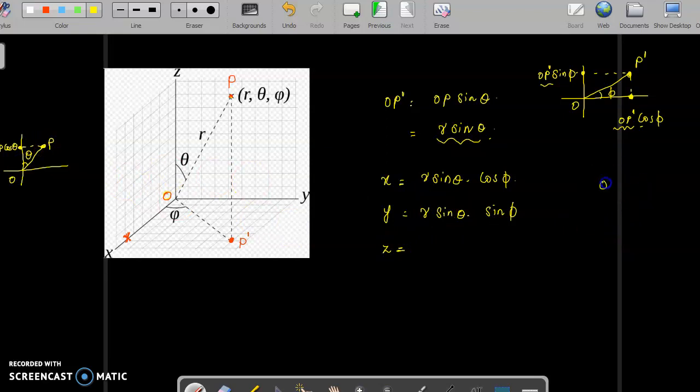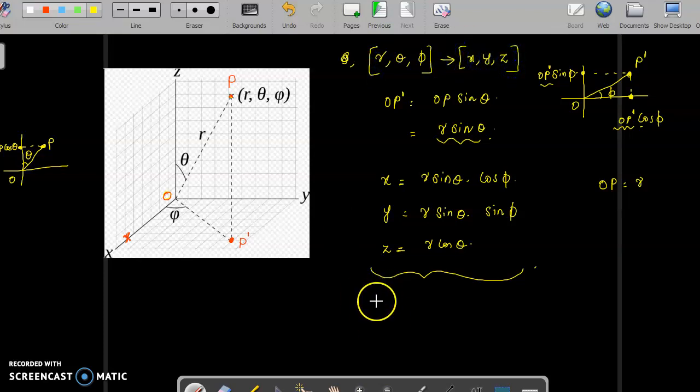OP is the radius, so z is r cos theta. So if you know the values of r, theta and phi, we can convert it to x, y, z using these expressions. So this is a conversion of a spherical coordinate system to Cartesian coordinate system.